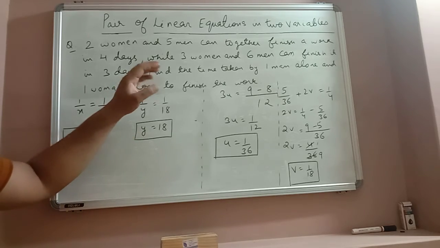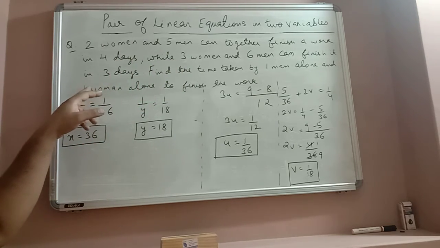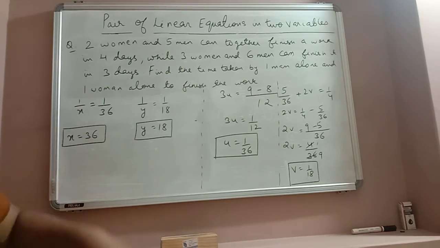Since we have taken x as the number of days in which one man alone can finish the work and y as the number of days in which one woman can finish the work.